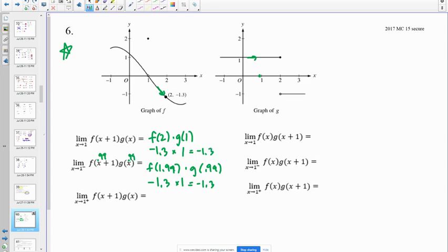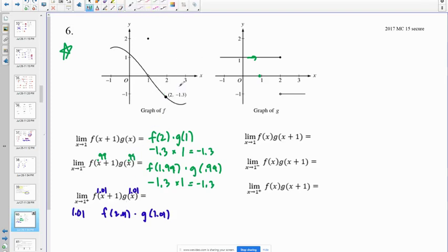But I do need to check 1 coming from the right. Well, 1 coming from the right is like 1.01, or 1.001. So if I put in 1.01 here and 1.01 here, then this would be f of 2.01 times g of 1.01. And so what I'm saying is 2 coming from the right, because it's a little bigger than 2.